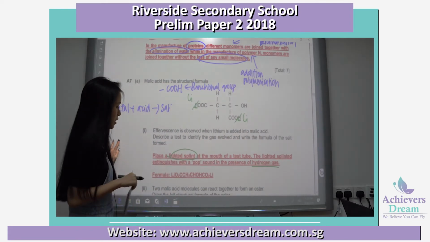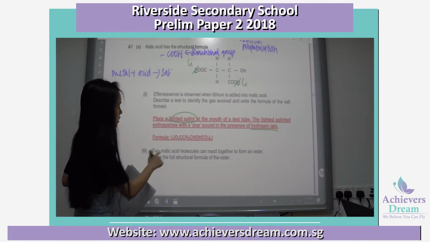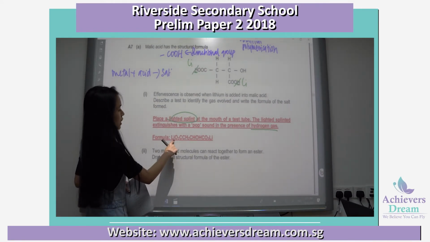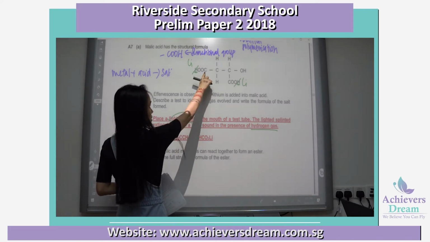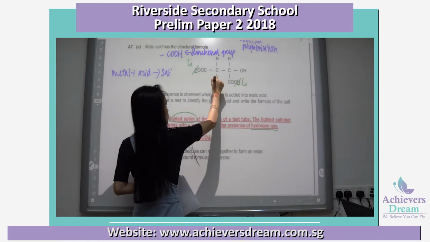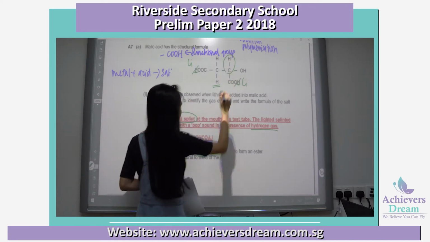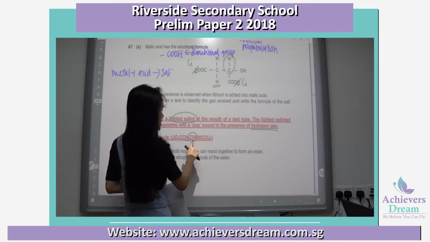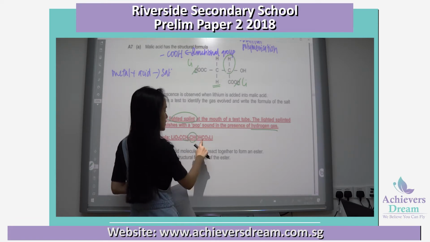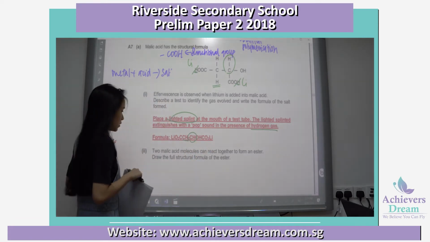We'll replace the H, so you will notice that for Li, there will not be an H. Then this part, CH2, and this C is bonded to an OH, and we have COOLi.